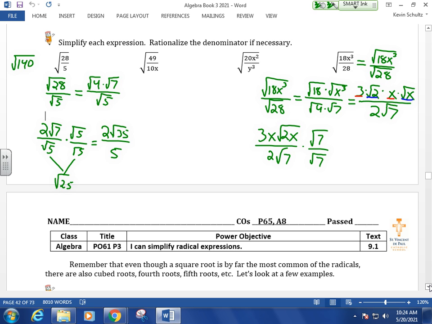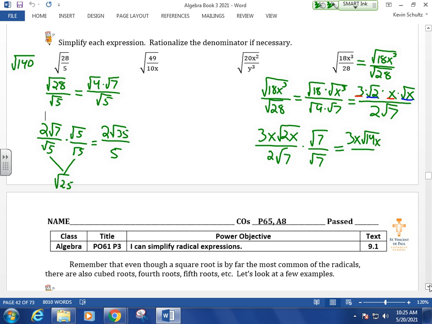So our numerator, who's got an answer for what our numerator is going to be after we multiply by the root of 7? Will? Good. 3x root 14x. Because that root 7 times root 2 can be multiplied.